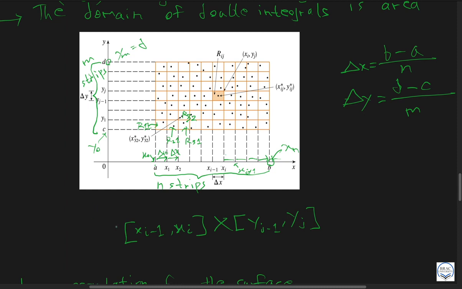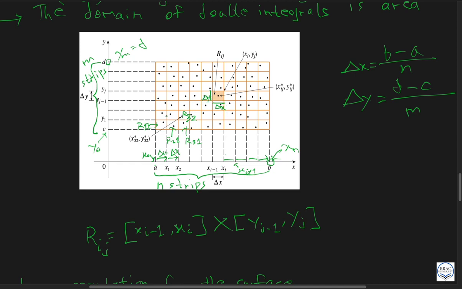And we cross it with the y part of our bound, which starts from here, yj minus 1, then it moves up by 1 unit to yj. Now this rectangular region, we'll call it rij.